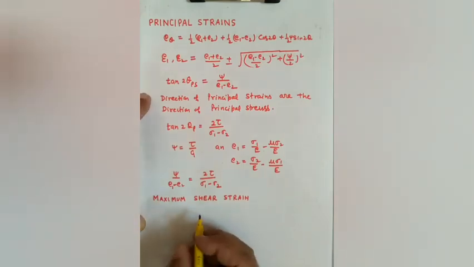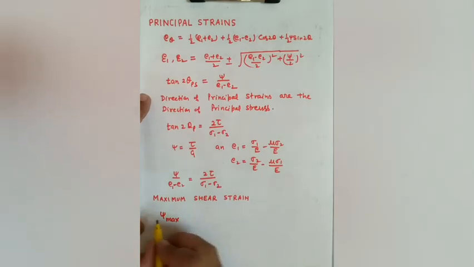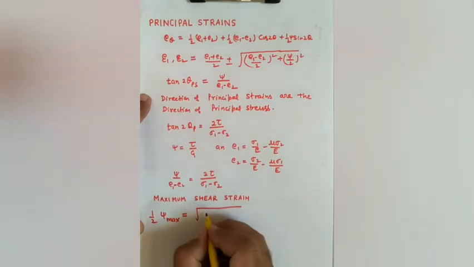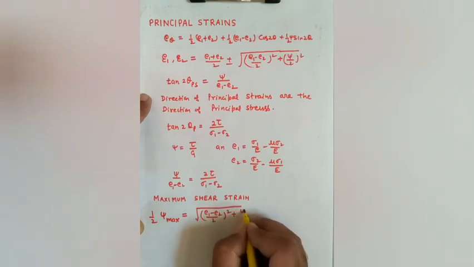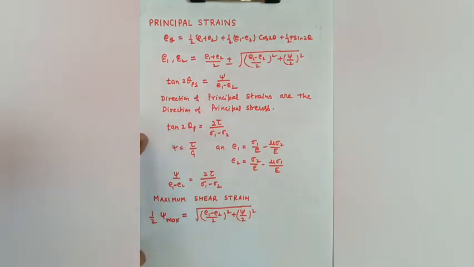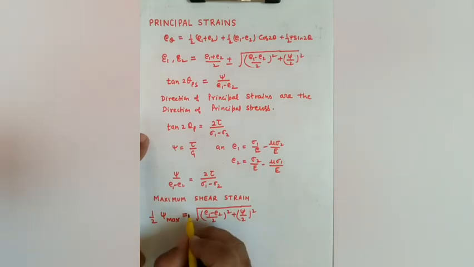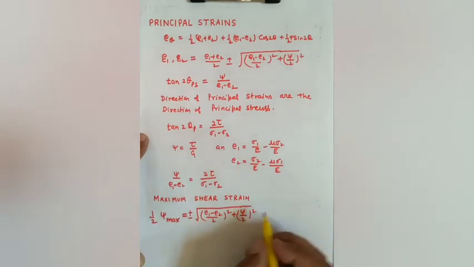The maximum shear strain psi max is given by the relation 1 by 2 psi max is equal to root of ((E1 minus E2) by 2) whole square plus (psi by 2) whole square. The minimum shear strain would be of the same magnitude but in the negative direction, so we can say maximum and minimum shear strains are plus minus root of ((E1 minus E2) by 2) whole square plus (psi by 2) whole square.